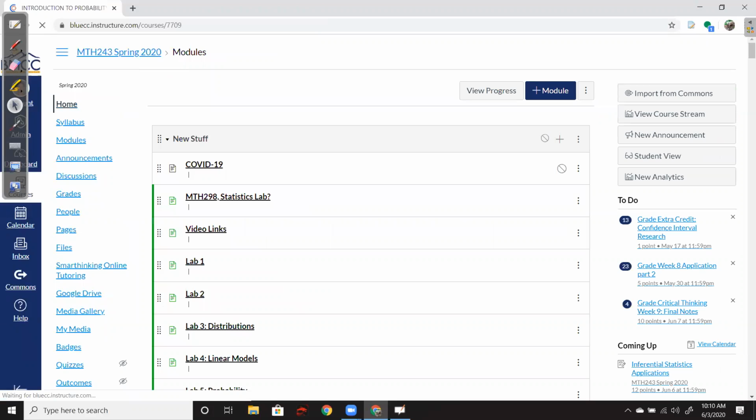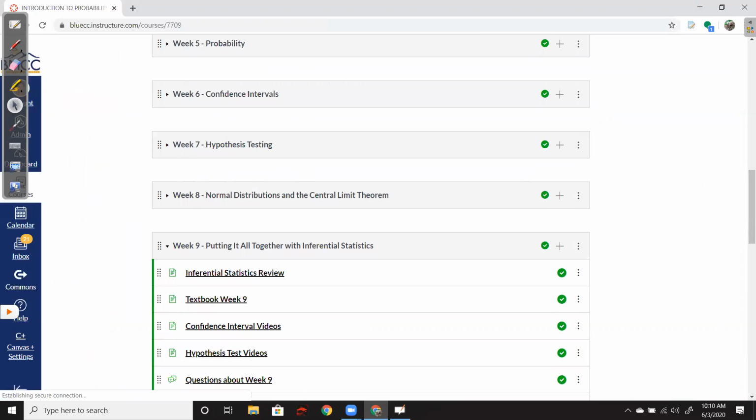So let's see the chat. We've got problem number 10, application. Okay, so app 10, and then app 8, the p-value. Yes, p-values are a challenge.